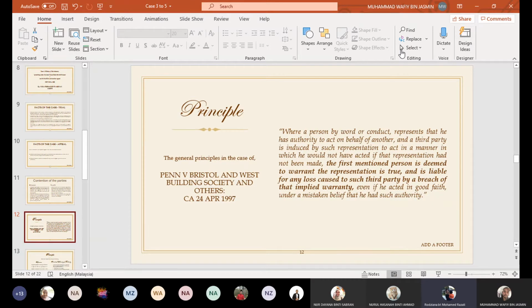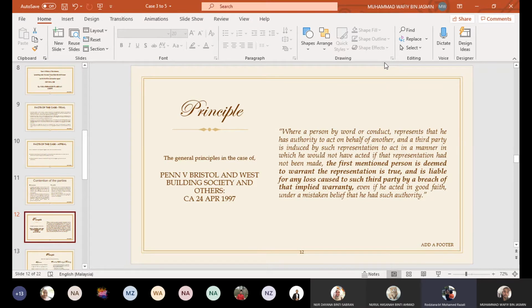Salah satu lagi adalah kalau in the ordinary course of your duty to negotiate and achieve a compromise, tidak ada masalah. Kecuali apabila boleh dibuktikan klien tidak bersetuju, ada express objection.